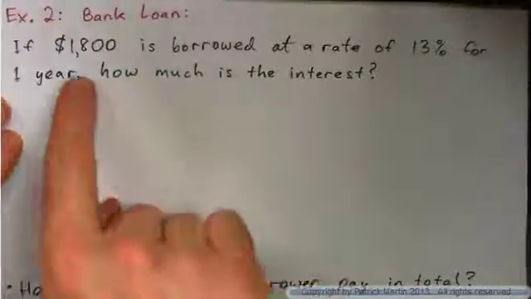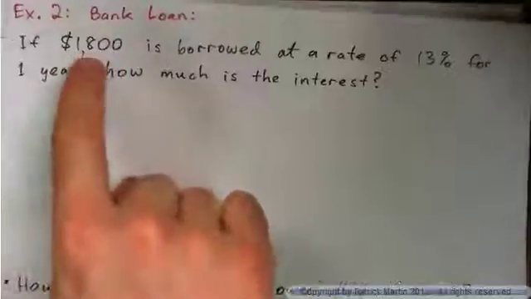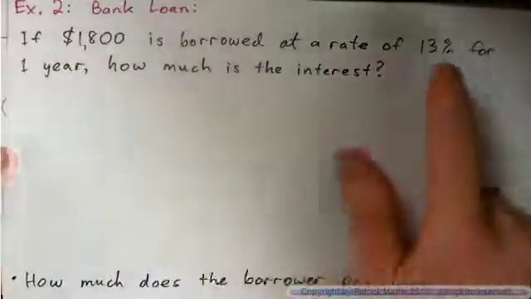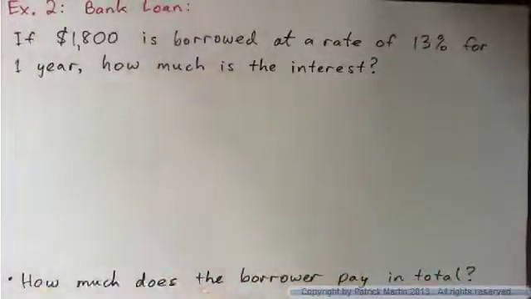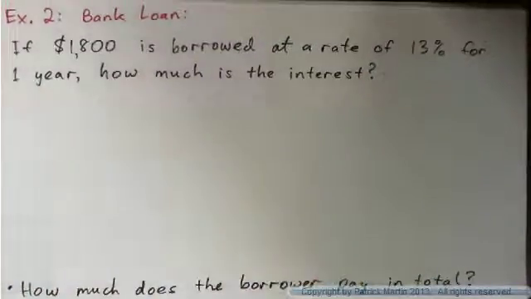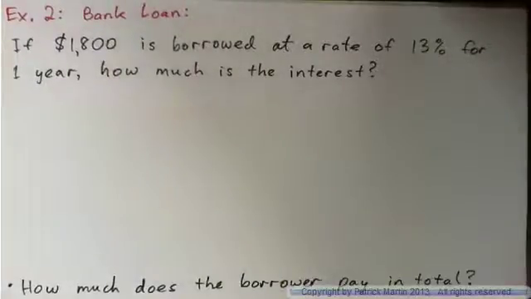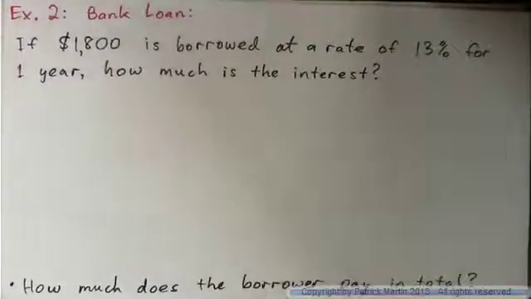Example 2, bank loan. If $1,800 is borrowed at a rate of 13% for 1 year, how much is the interest on this loan? Press pause and see if you can calculate the interest on the loan. And afterwards, figure out how much the borrower pays in total. So how would you calculate the interest?